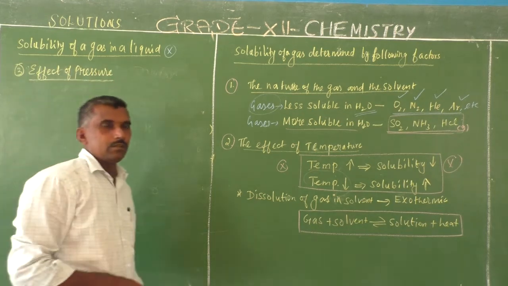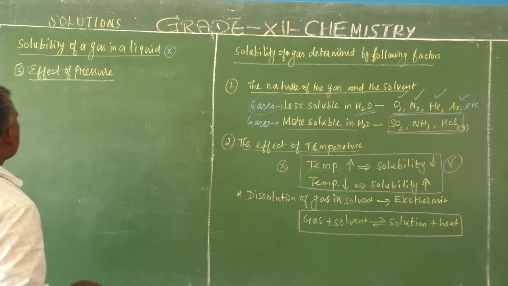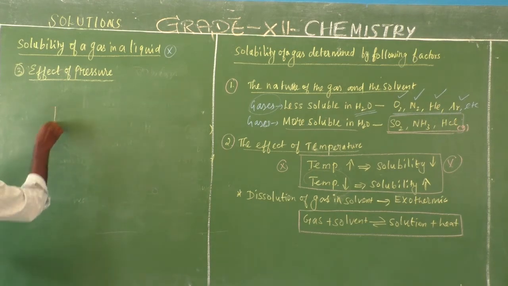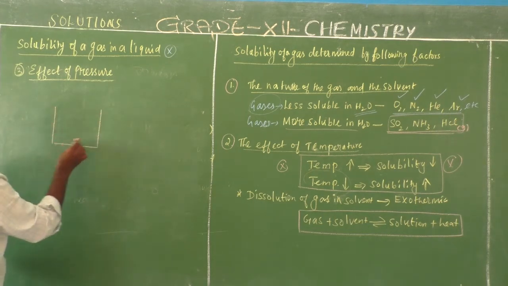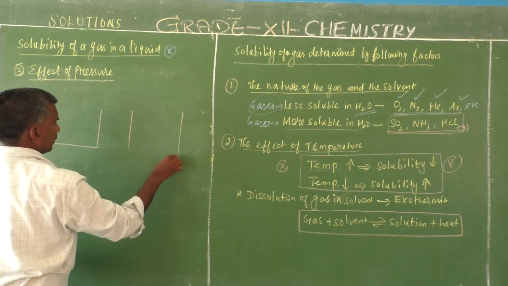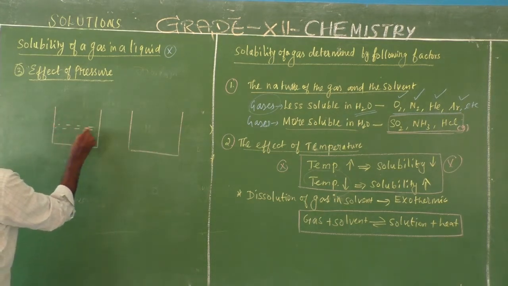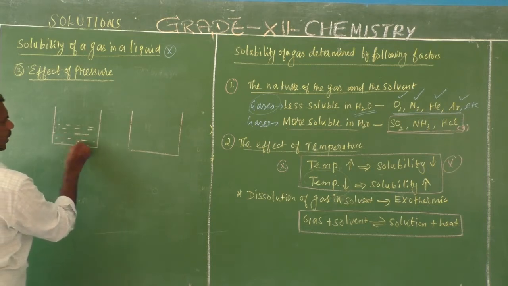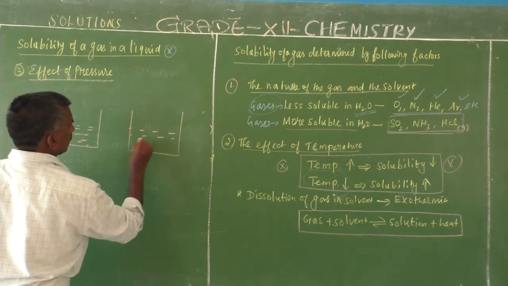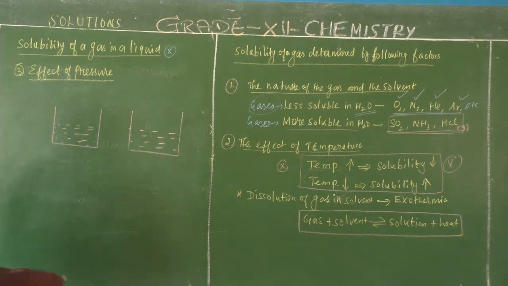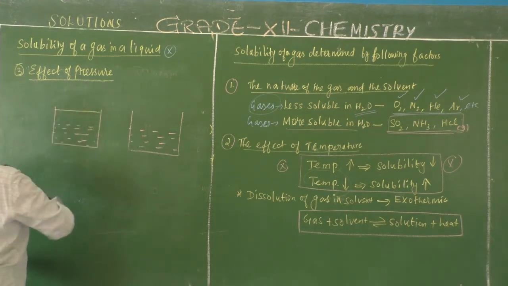One activity: you take two vessels. This is water or solvent. This is a piston.